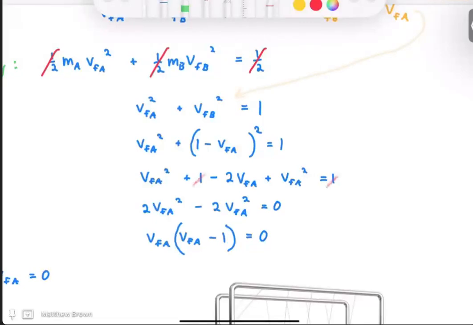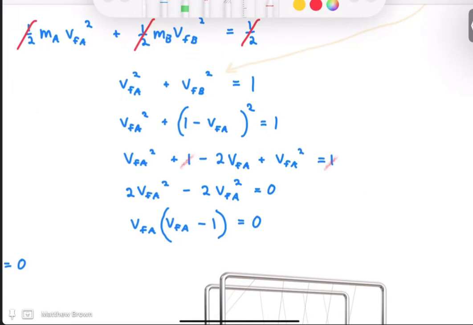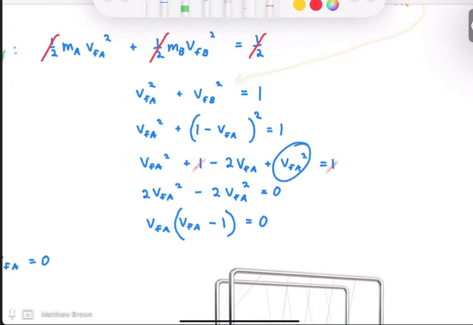You can reduce it. I see that there's a 1 on both sides, so that's what's crossed out there. That leaves me with 2 V final A squared, because I add that one and that one. Then this is kind of a quadratic, but there's no constant here, so I just factor out one of the V final A's.